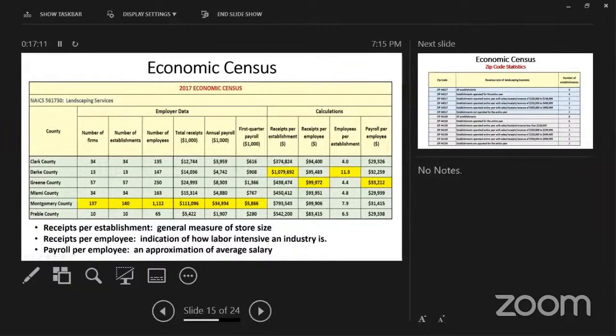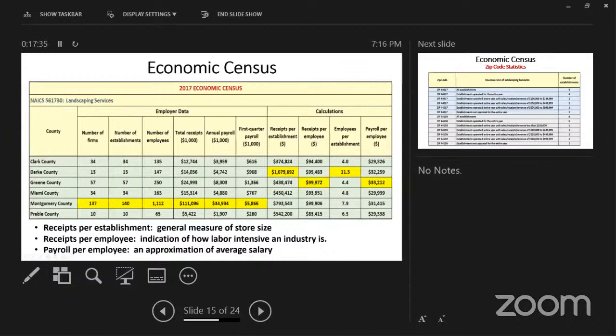You can see that by sheer size, population-wise, Montgomery has the most landscaping businesses, with 140 establishments, 1,112 employees, and total revenue receipts of over 111 million. And then you have payroll data.